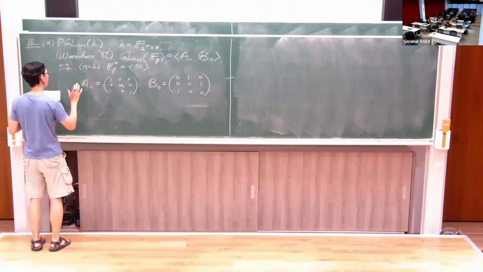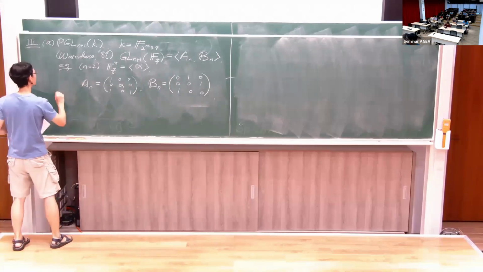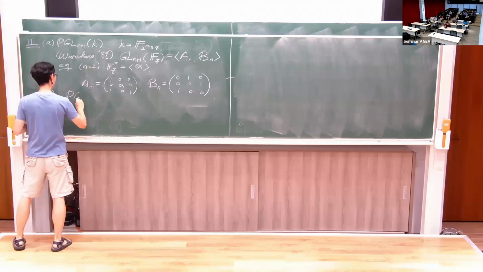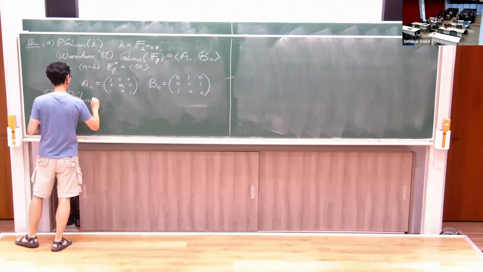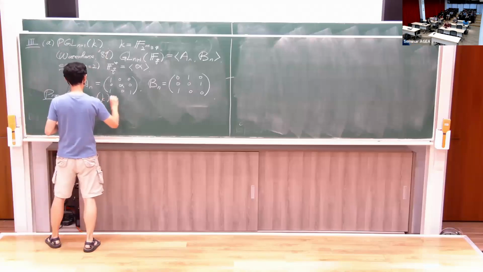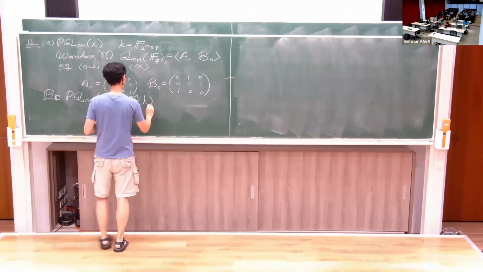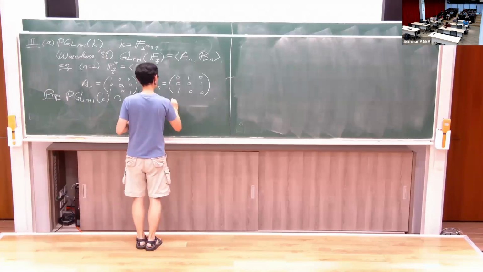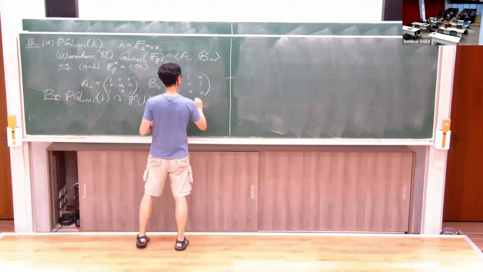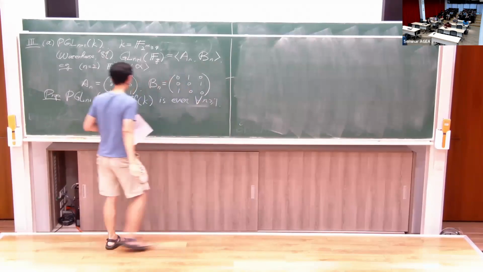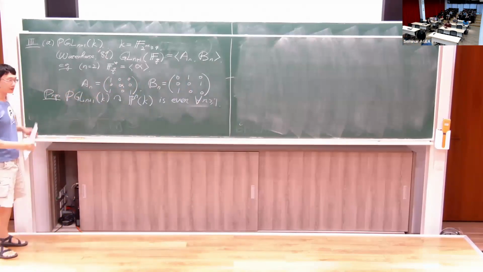With this result, you can easily prove this proposition. Over that ground field, the permutation induced by PGL n plus 1 of K on the K-rational points of any projective space is always even, for any n greater or equal to 1, starting from P1, P2, P3, and so on.